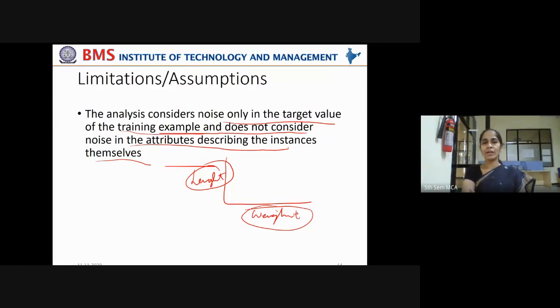But height may have some error associated with it. So if you have a set of attributes, take all the attributes that are error free as independent values, and if there is some error associated with some variable, take that as the predicted value or target value. Okay, that assumption can be made in this context.